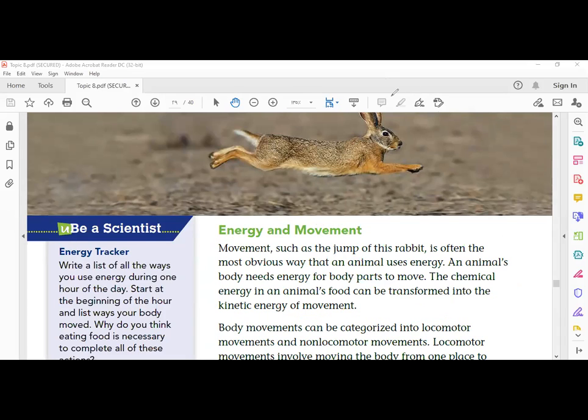the movement of animals can be divided. Scientists classify this movement into two types. There are two kinds of movement.